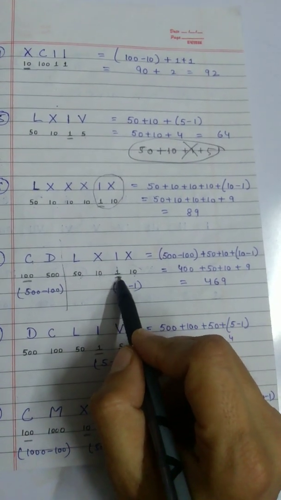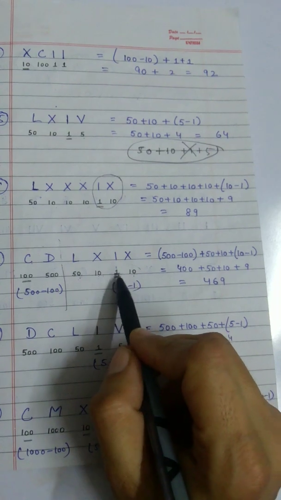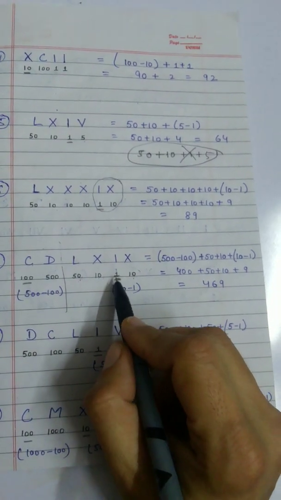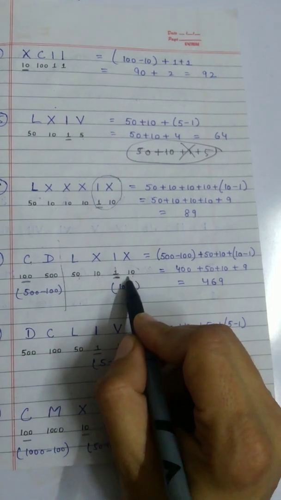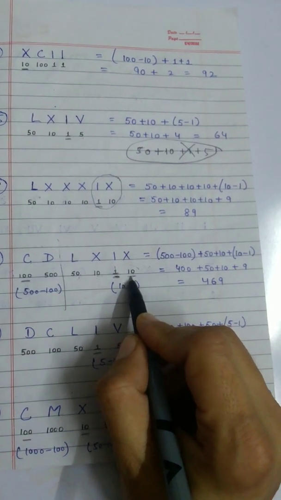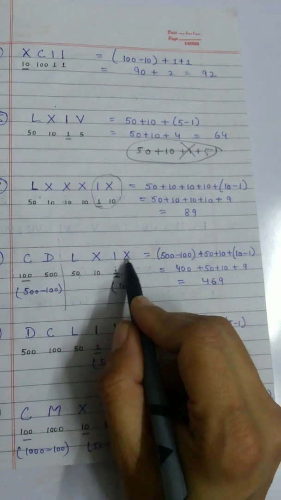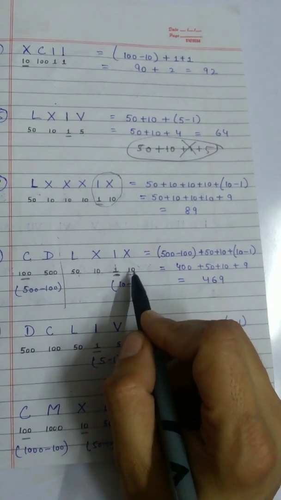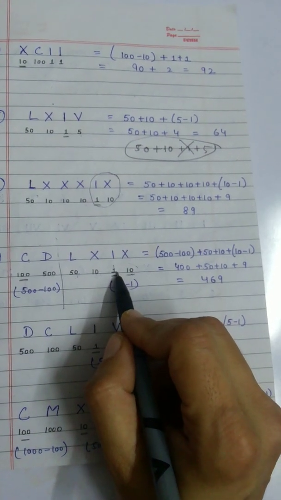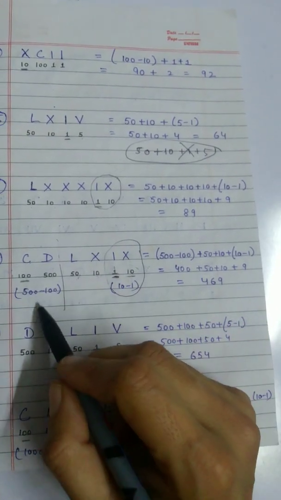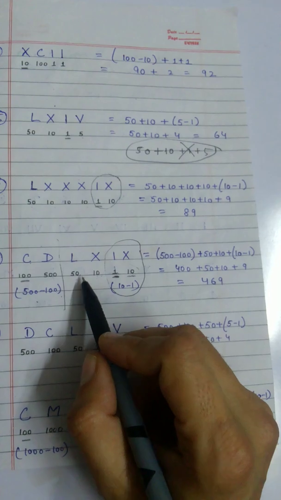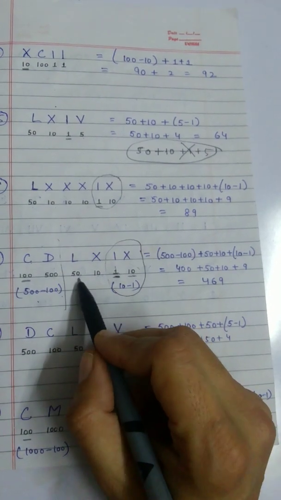Whenever I have a smaller symbol between two larger symbols, what happens? My smaller symbol is subtracted from the digit towards its right. That means a digit after this. It will be 10 minus 1. So this will become 9 and this will become 400 and these will be added to this.